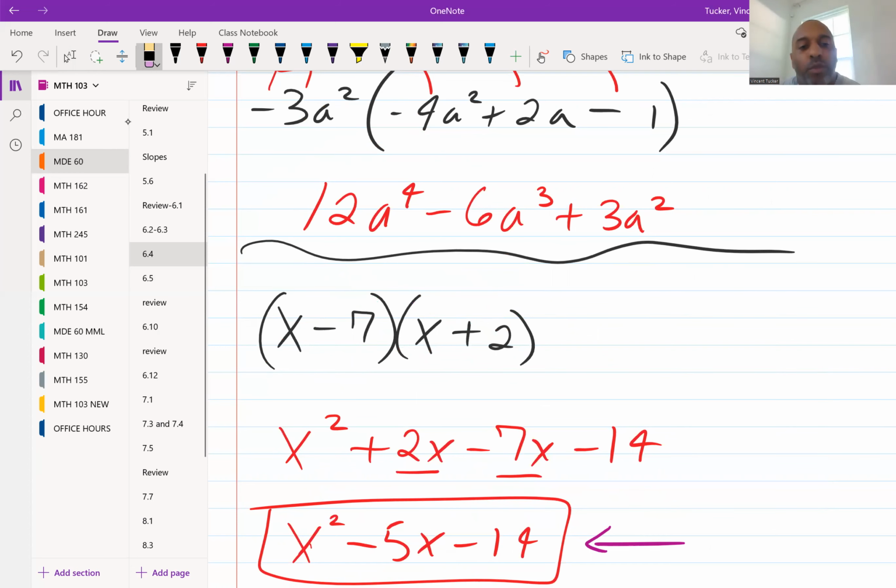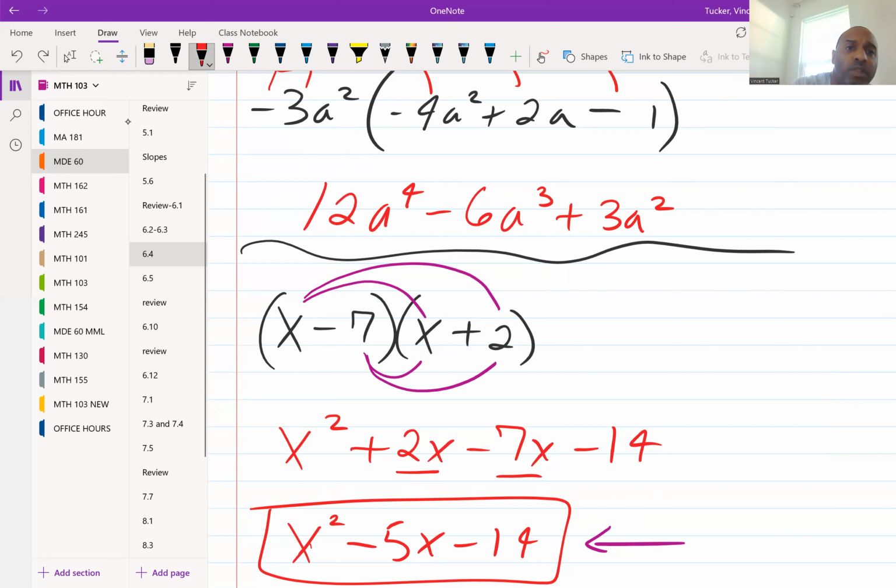All right, here we have two binomials, x minus 7 times x plus 2. So we're going to distribute. We have x, you're going to distribute into the other parentheses, take the negative 7, do the same. So x times x will give you x squared. X times 2 will be 2x. Negative 7 times x is negative 7x.